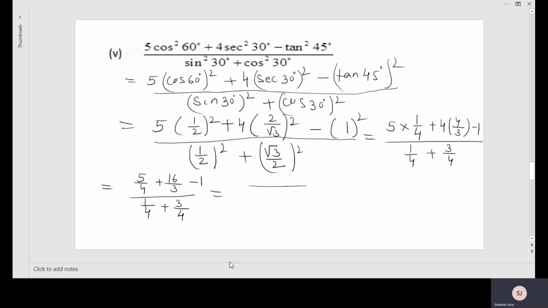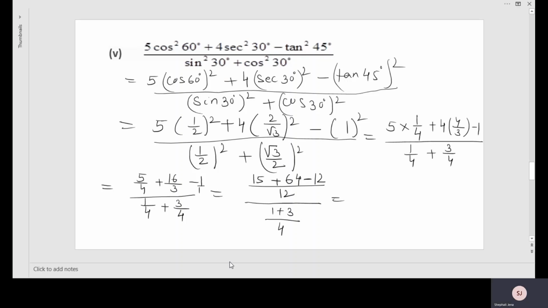Now take the LCM for the fractional addition, it is 12. So 5 3s are 15, plus 16 4s are 64, minus 12, all divided by 4 over 4, since the denominator LCM is 4, 1 plus 3.